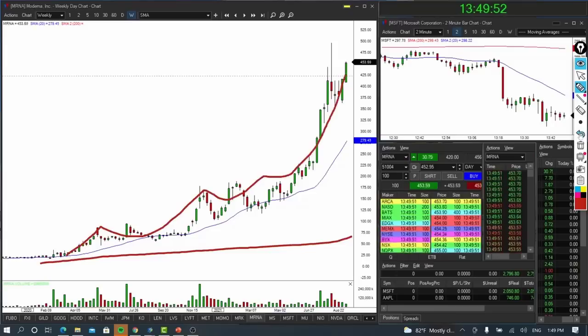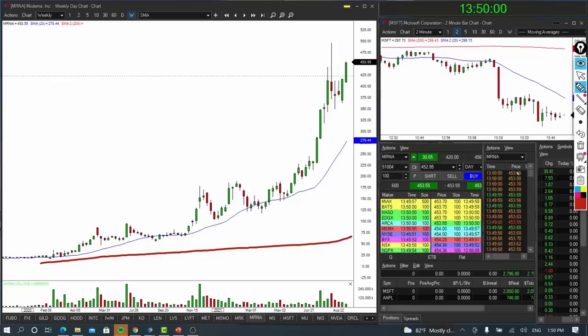Or is your stock spending the majority of its life below these two moving averages? And of course, the answer is very obvious. Moderna is spending the majority of its life above the 20 and the 200 right now. That might change somewhere down the line, a year from now, 8 months from now, 2 years from now. But right now, Moderna is spending the majority of its life above the moving averages.